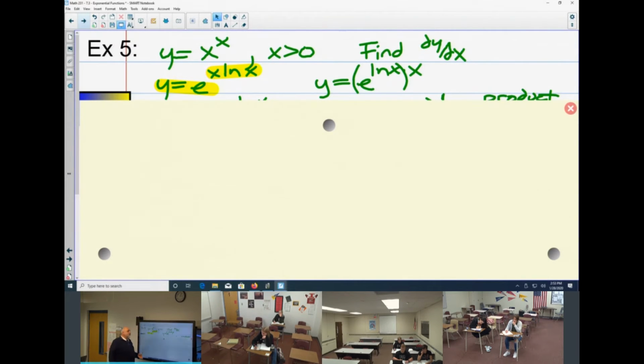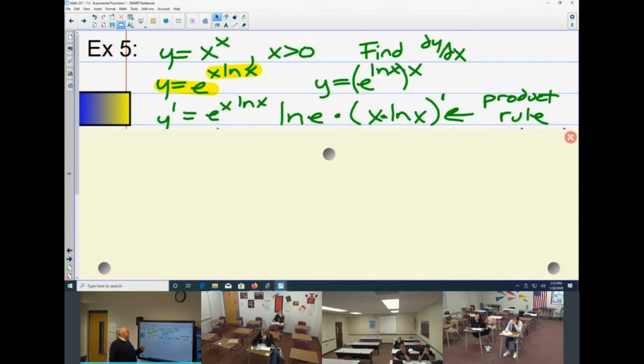Now, suppose we want to find the derivative of this. What we do is we think of the a to the u formula. The a to the u formula says that the derivative of a to the u is a to the u, so the exact same thing you started with, times the natural log of the base, so times the natural log of e, times the derivative of the exponent.